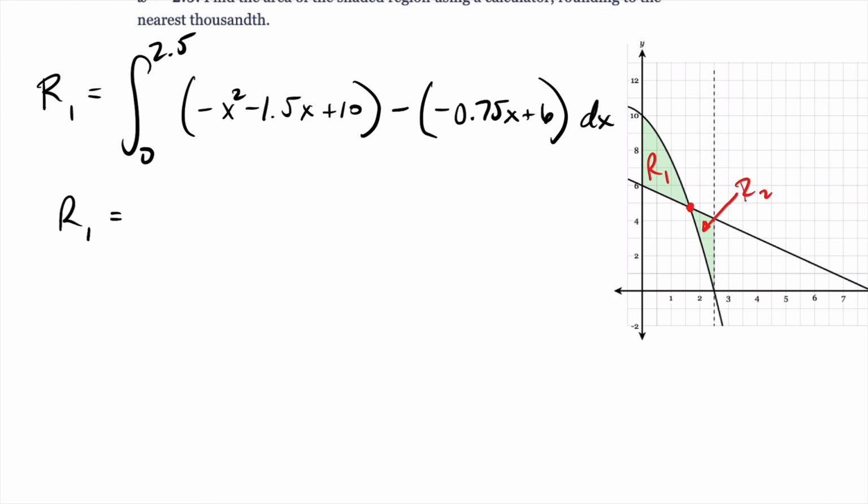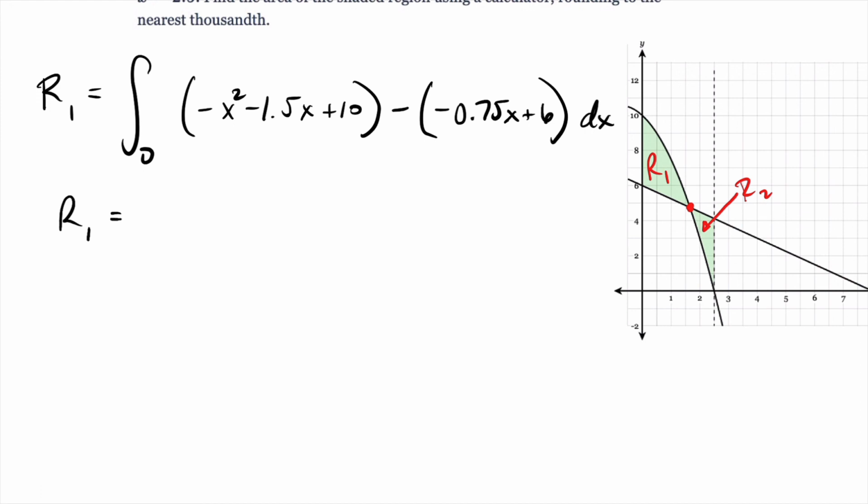Oh, sorry. Yeah, you're right. The bound would be 2.5. Yeah. So we still have to find the bound. That's R2. We're not at R2. So how do I find the bound? Still go back to the same question.